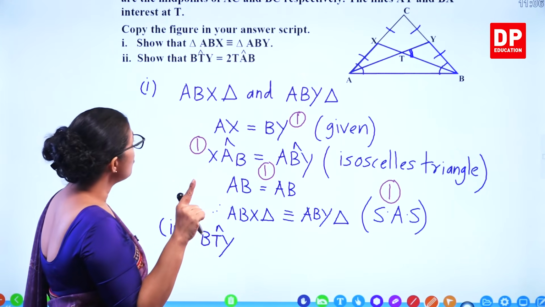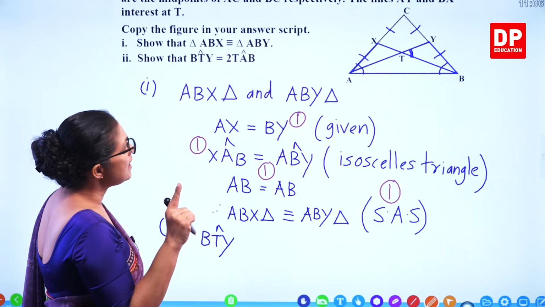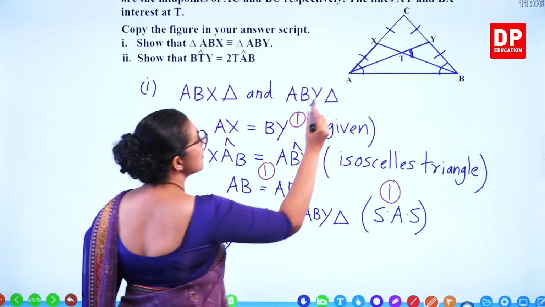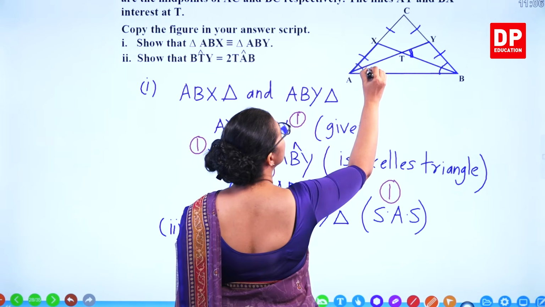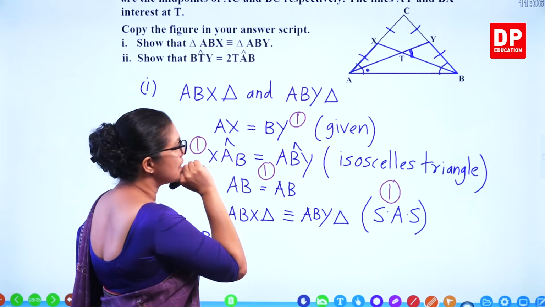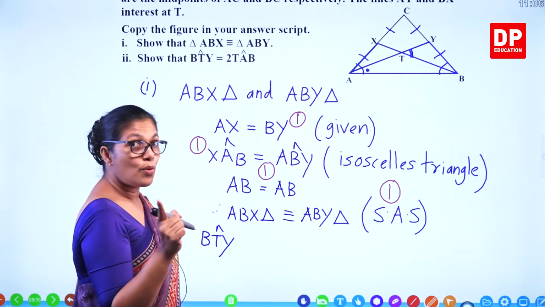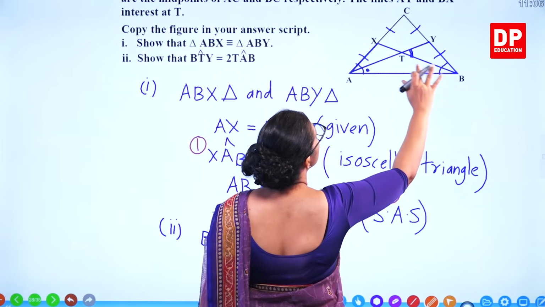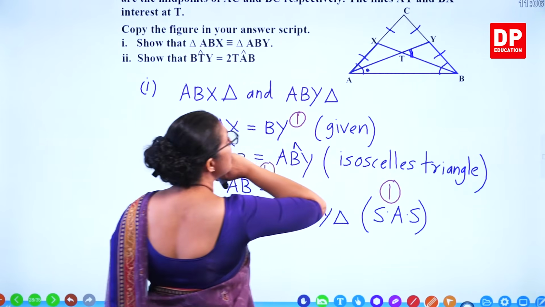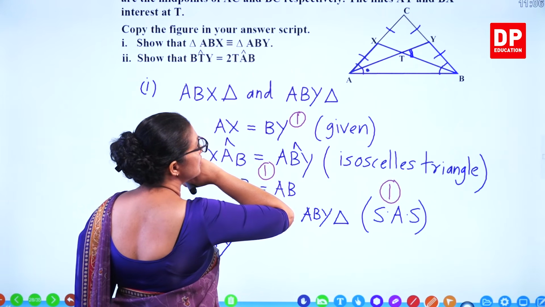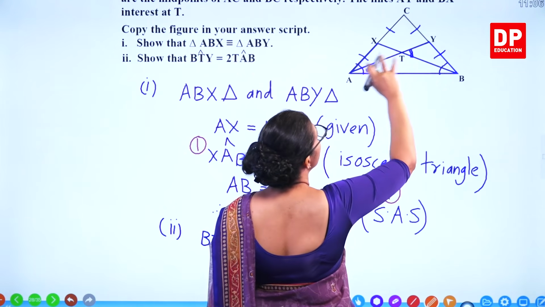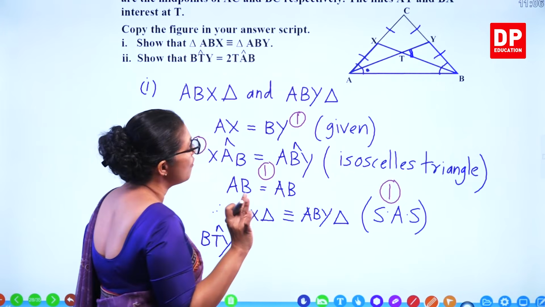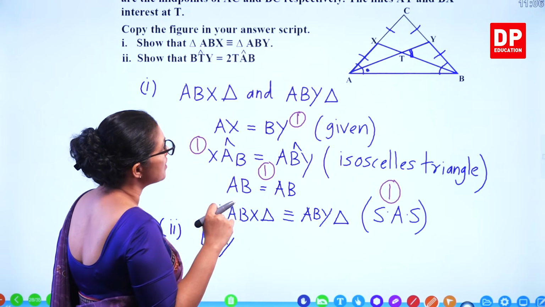That's equal to 2 times TAB. This one. 2 times this. Now we know these two triangles are congruent, ABY and AXB from the previous part.